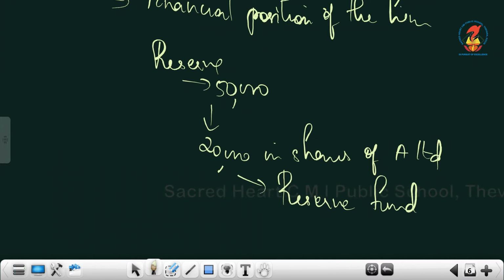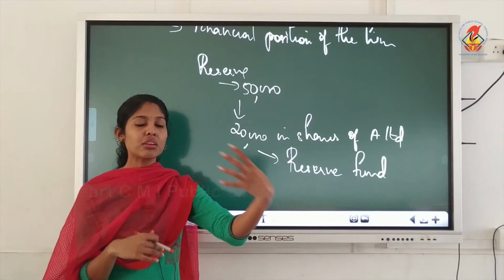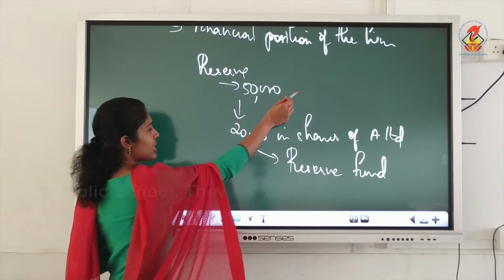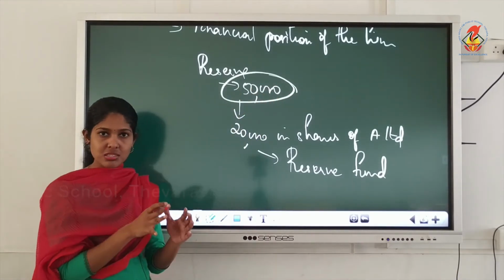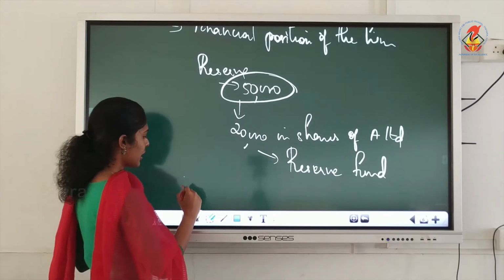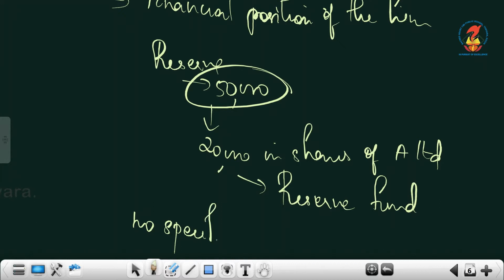Okay. It is not compulsory that you have to invest out of your reserves. If the firm decides to invest, they can do so, or else if nothing is invested, it is kept as reserve itself. If there is no specific investment made, you can term it as reserve.